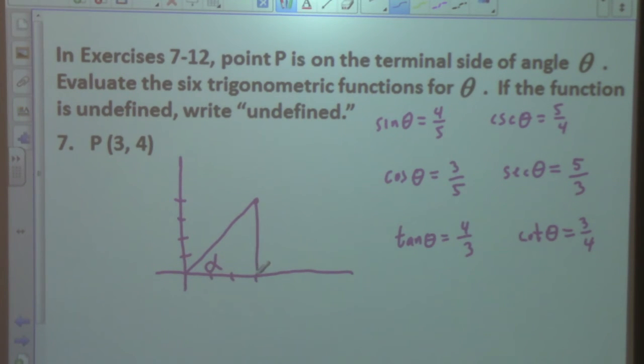So your opposite is equal to 4, your adjacent is equal to 3, and then you have your 3, 4, 5 right triangle. That's going to be your hypotenuse, and those are going to be your answers. That's not too bad, is it?